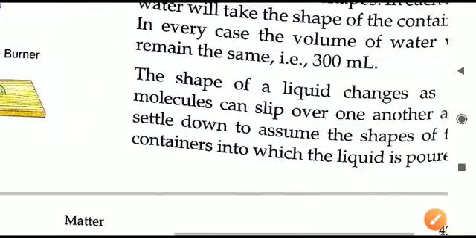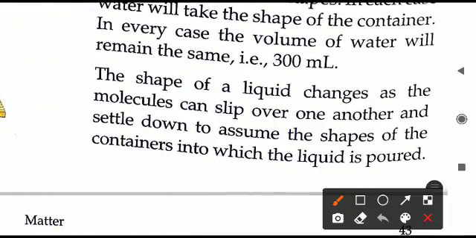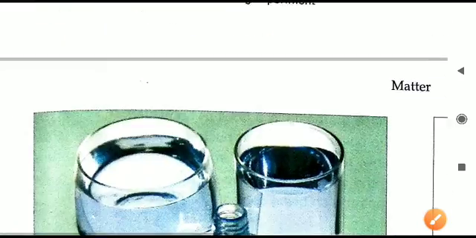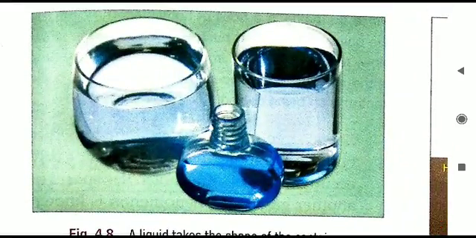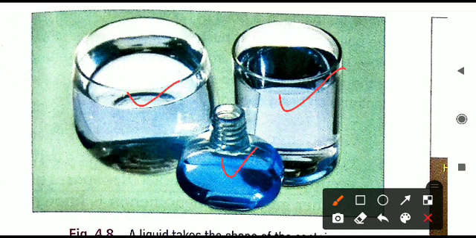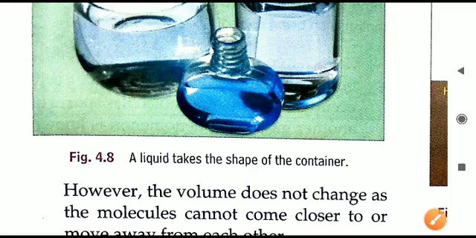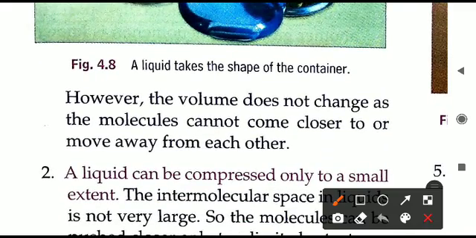This shape of the liquid will change. Why is it changing? Because the molecules are able to slip over one another, and hence they assume the shape of the container in which the liquid is poured. Here you can see the photograph. The liquid is present in different containers, and according to the shape of the container, the liquid also takes that shape. Although the shape of the liquid is changing according to the container, the volume of the liquid will not change.